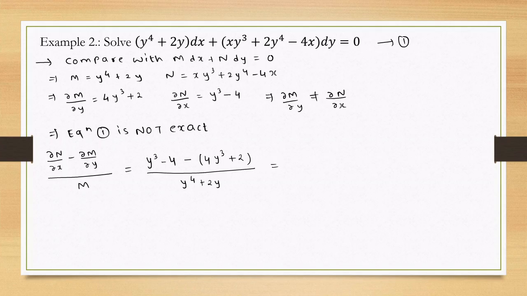So we can write it as minus 3y cube minus 4 minus 2, that means it is minus 6, upon y raised to 4 plus 2y.